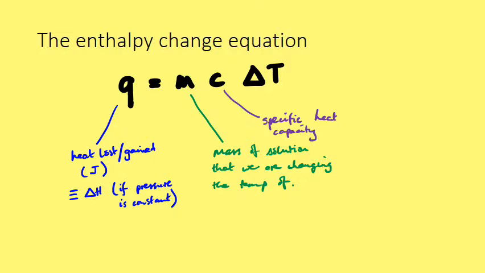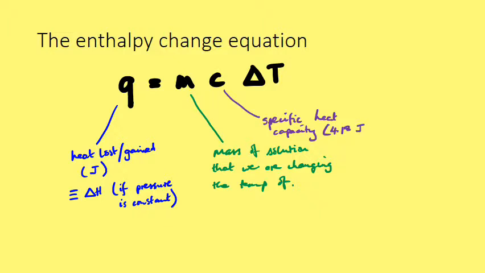So from your physics, you'll probably remember that that is just the amount of heat that is required to heat something up by 1 degree Kelvin, and your heat is the amount of heat required to heat 1 gram of it by 1 degree Kelvin. And so if it is indeed water, then the specific heat capacity of water is 4.18 joules per gram per Kelvin.